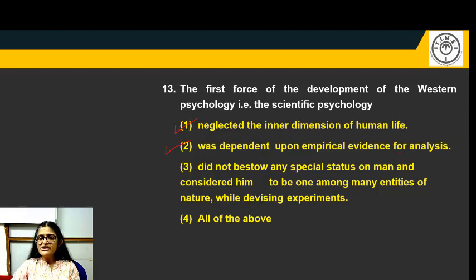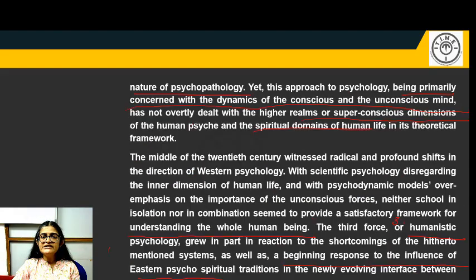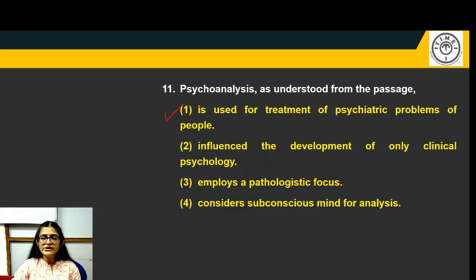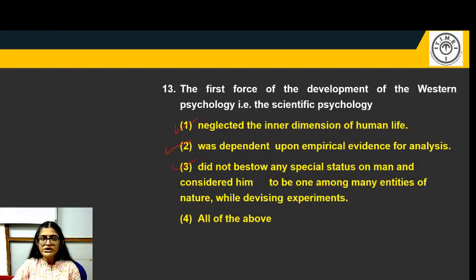Did not bestow any special status on man and considered him to be one among many entities of nature. It is mentioned that it considered man to be like any other natural phenomena. Right? So, this is also correct. So, what is our answer? All of the above. All of the above is our right answer. Okay.